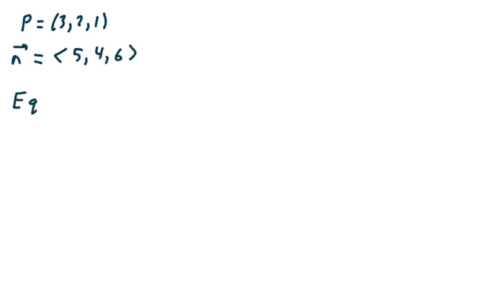Now, let's again remind ourselves, my point is (3, 2, 1) and my normal vector n is (5, 4, 6). We can get the equation.